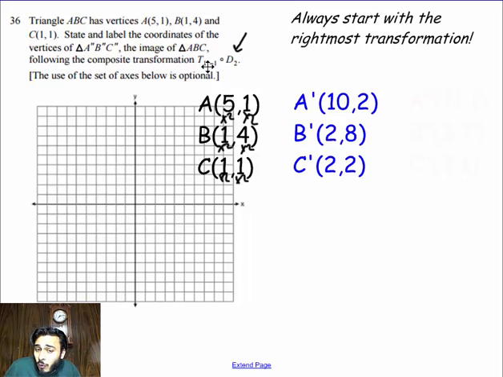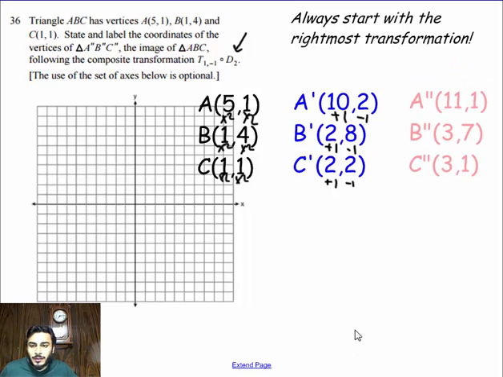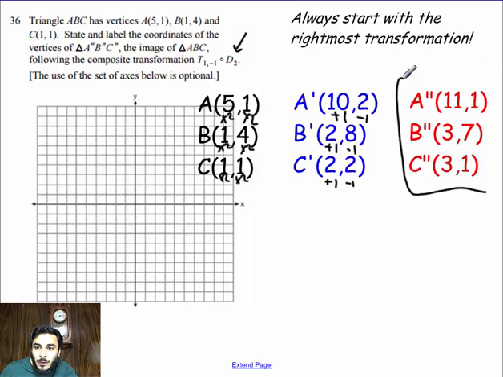Next, you're going to perform the translation on these new coordinates. Performing that translation means that you add 1 to each of the x coordinates and subtract 1 from each of the y coordinates. After you do that, you will get these coordinates. So the final answer is this.